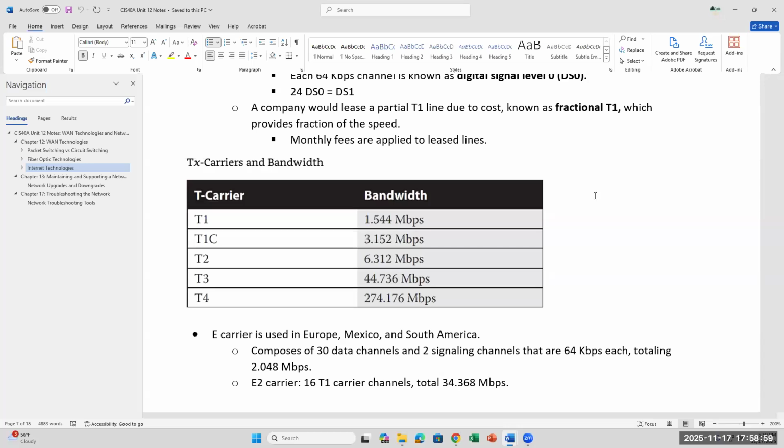So they upgraded to 3 times that, to a T1C. And then some businesses, when they have more money, would go with a higher tier. If you look, this is approximately double from T1 to T1C, and then double that to go to T2.